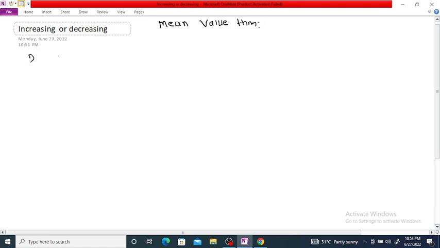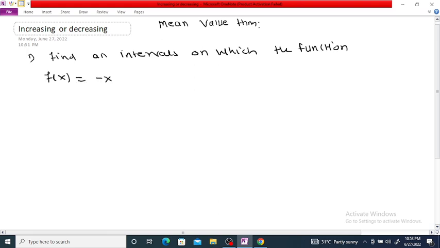Find the intervals on which the function f of x is equal to minus x cube plus 12x plus 5, where x belongs to minus 3 to plus 3, is increasing or decreasing.